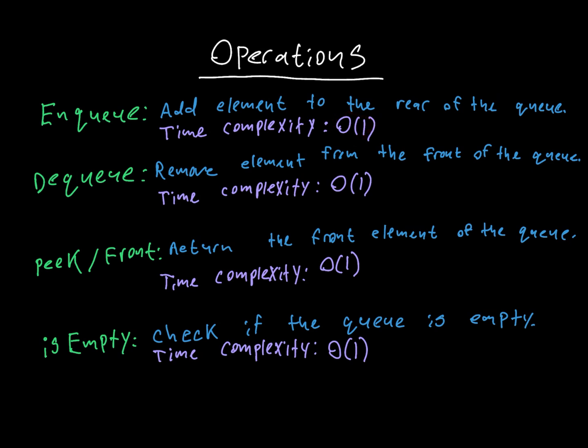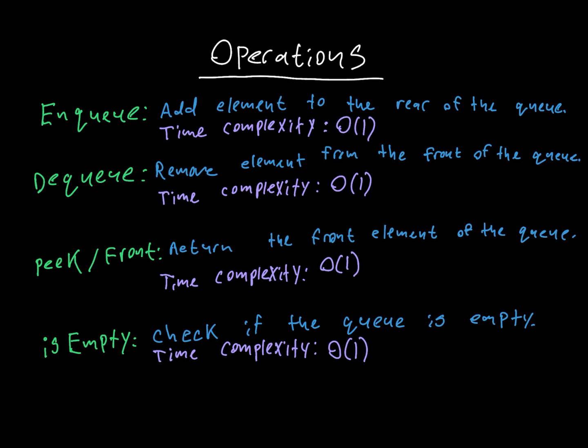For the dequeue operation, you're removing the element from the front of the queue, and it once again has a constant time complexity. Peek, also known as front, is returning the front element of the queue, once again a constant time complexity, and isEmpty is checking if the queue is empty. Once again, it has a constant time complexity.